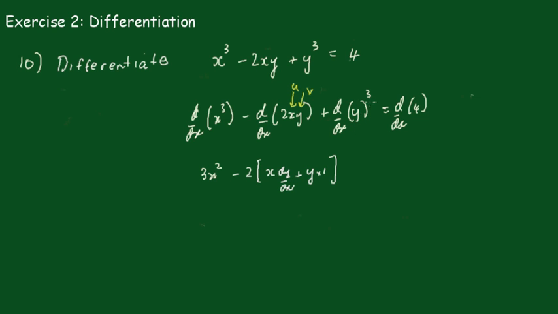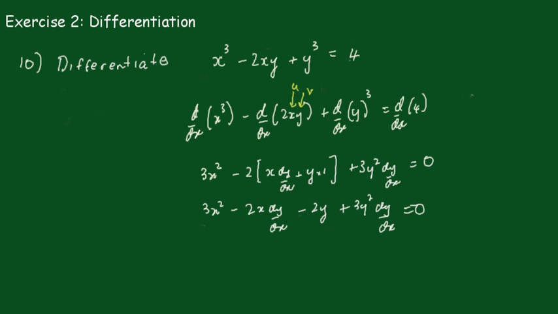Now differentiating this one, 3 comes down, reduce it by 1, and then times it by dy dx, and this of course equals 0. Tidying this all up, we're going to have 3x squared minus 2x dy dx minus 2y plus 3y squared dy dx equals 0.